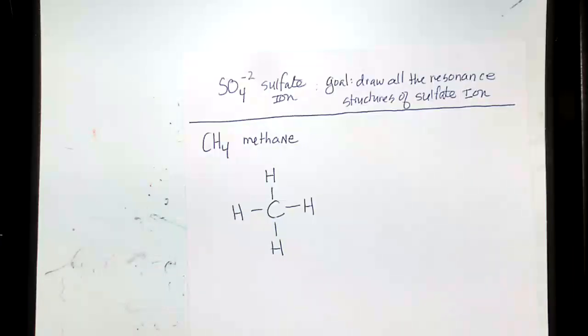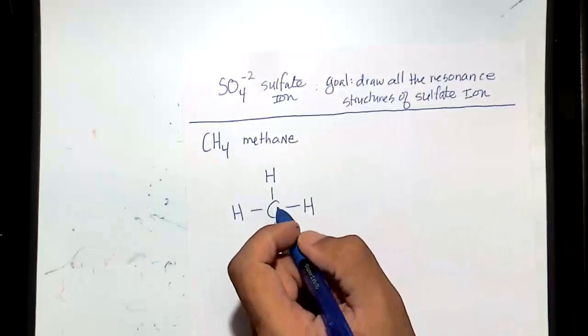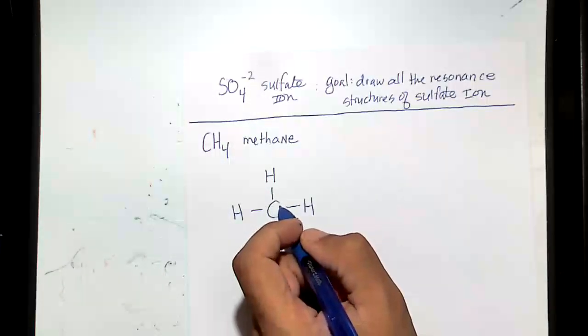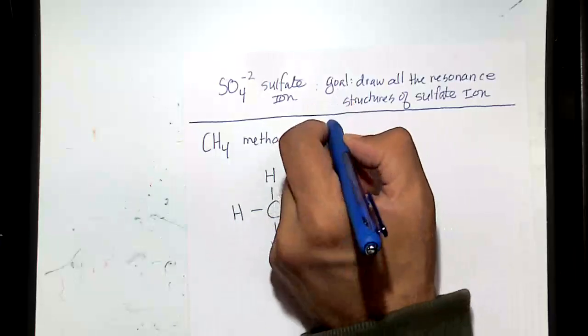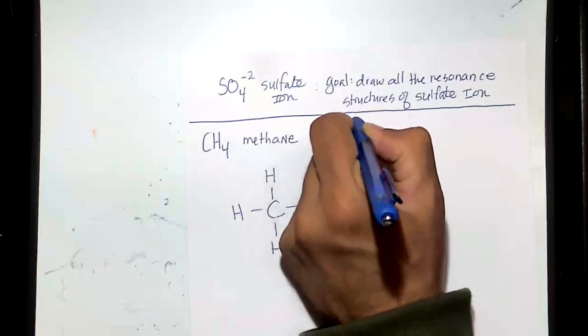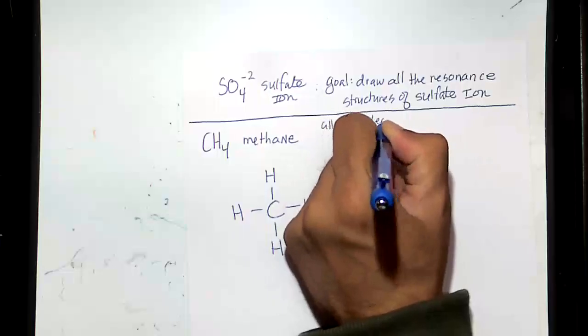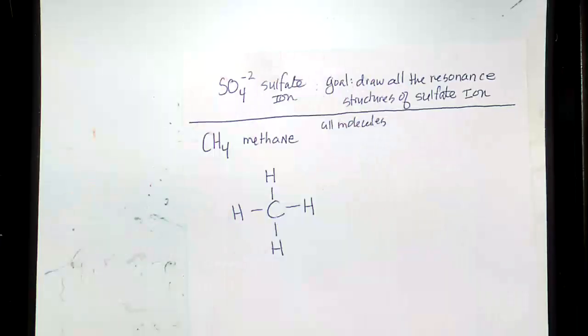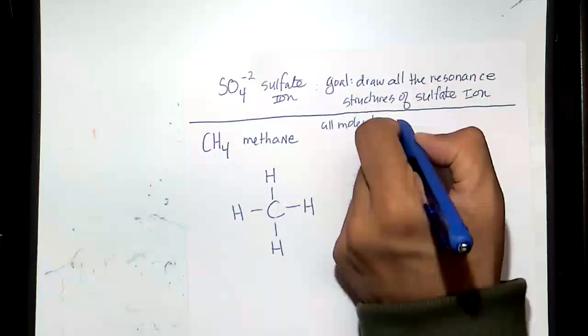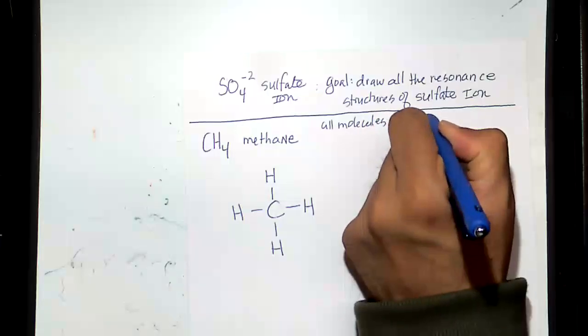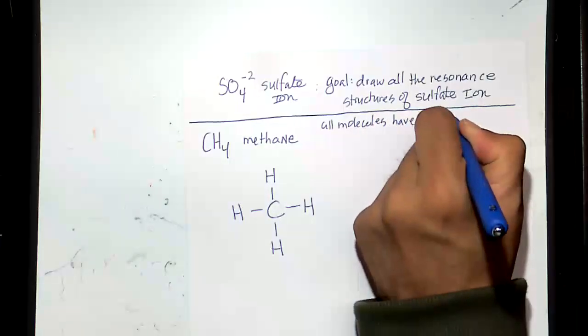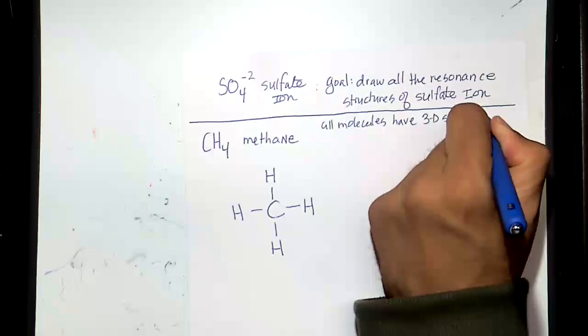So this is the Lewis structure of methane, which is CH4, which is what we went over on Tuesday. But is this really what methane looks like? Okay, remember all molecules have a 3D geometry. They're 3D, which means some come out, some go behind. All molecules have a 3D structure and geometry.